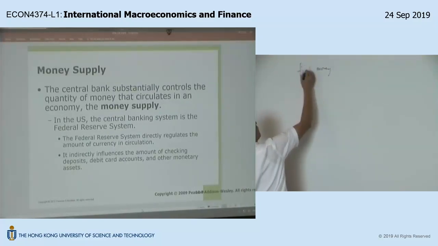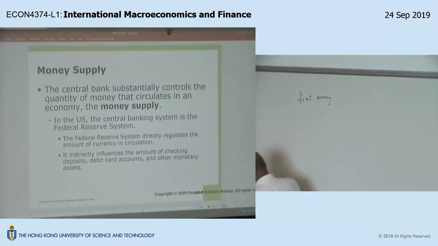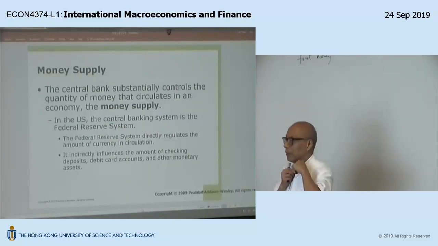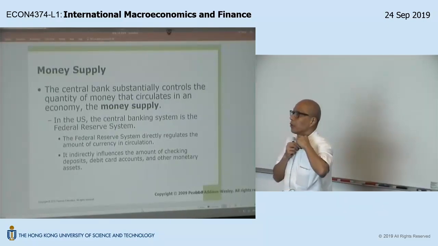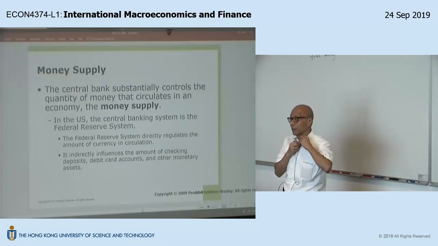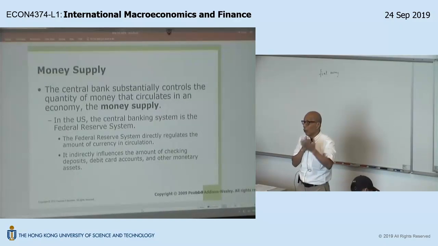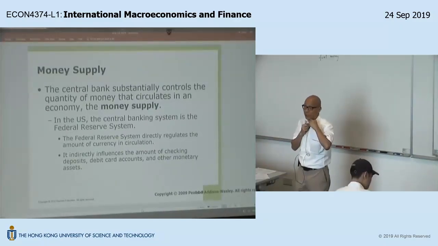Fiat money basically means money that is issued by government fiat, which means that it's not some commodity money. It's not something like gold or precious metal, copper.